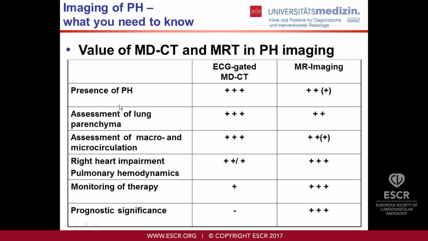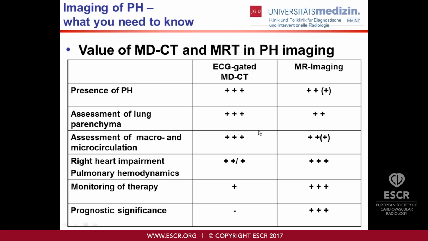For the assessment of right heart impairment and pulmonary hemodynamics, I would favor MR imaging, also for monitoring of the therapy and also for prognostic significance. So if we conclude, we can say that CT and MR address multiple aspects in patients with pulmonary hypertension.